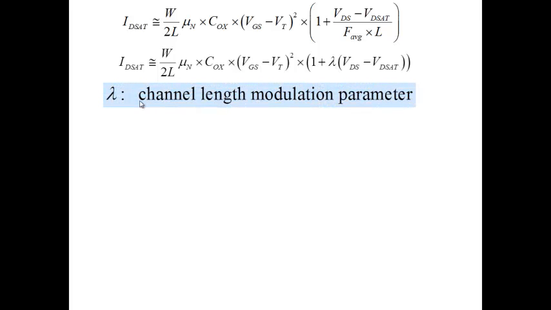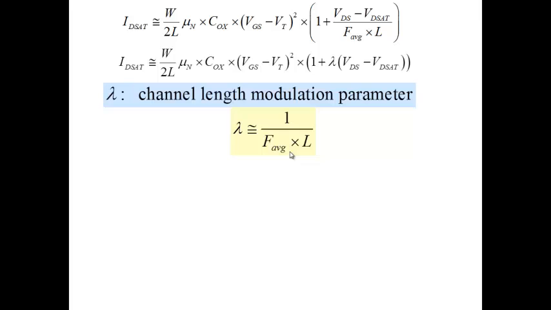Therefore, we have a parameter called lambda, the channel length modulation parameter, which tells you that the drain current in saturation increases slightly because my effective channel becomes smaller here. So for us, lambda is 1 over F average into L.